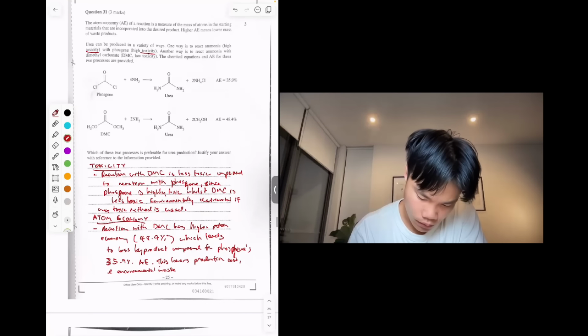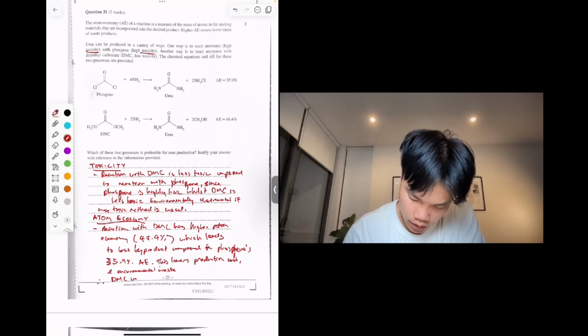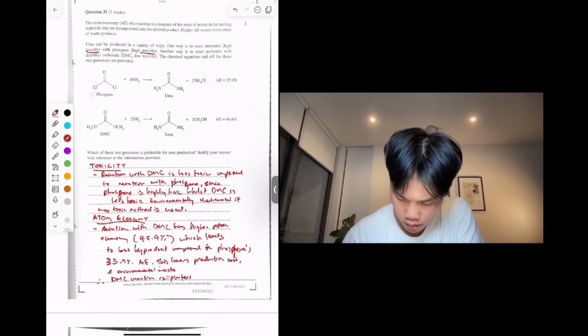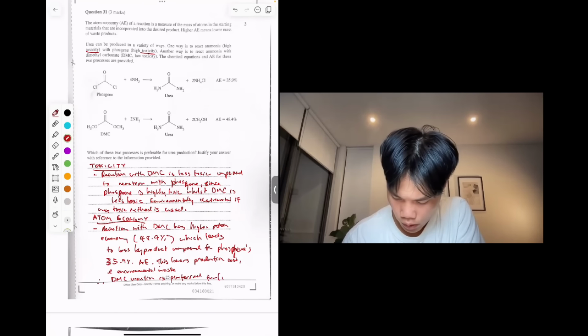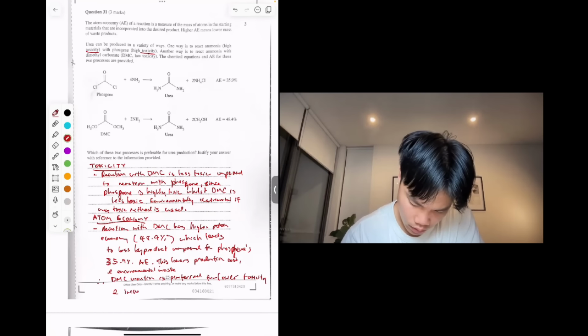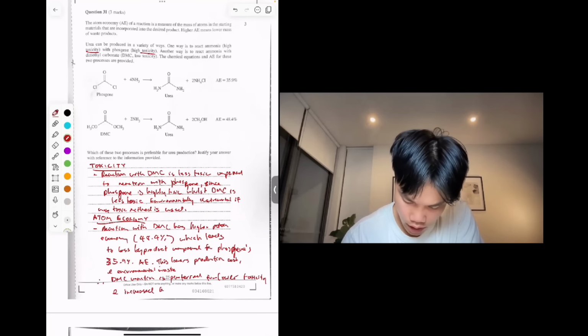And you have a conclusion at the end for the third mark. Therefore, DMC reaction is preferred for lower toxicity and increased atom economy.